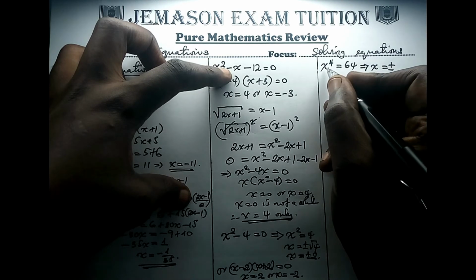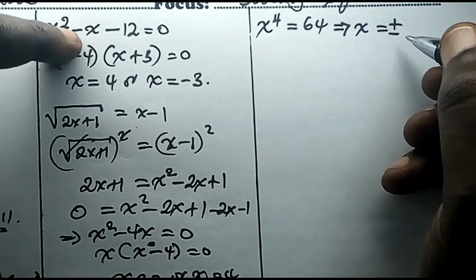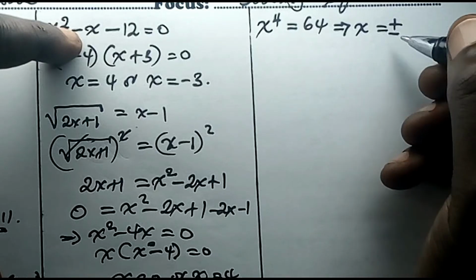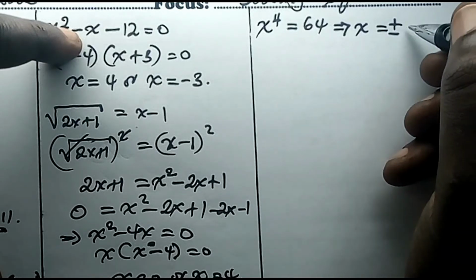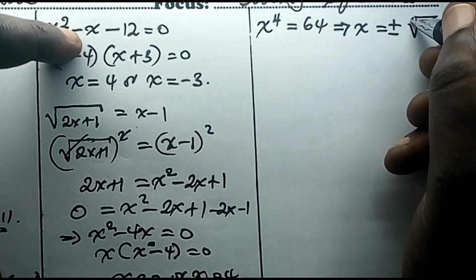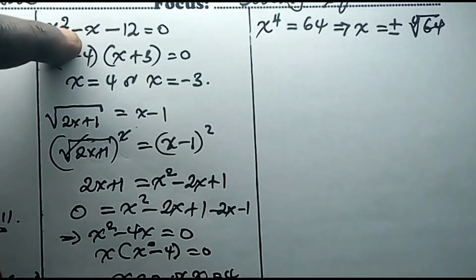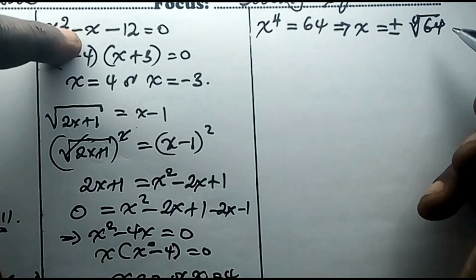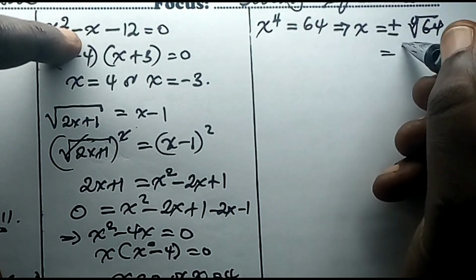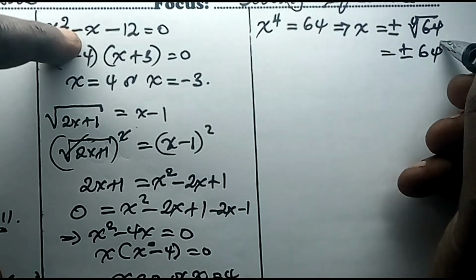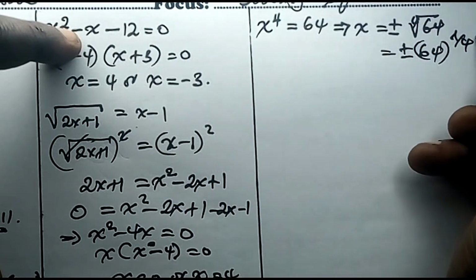So each time the power is even, there will be two possible solutions, the positive and the negative. So we have the fourth root of 64 as the answer, or simply plus or minus 64 to the power 1 over 4.